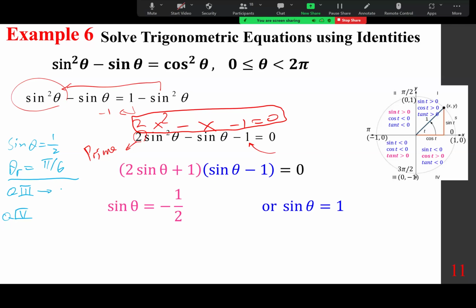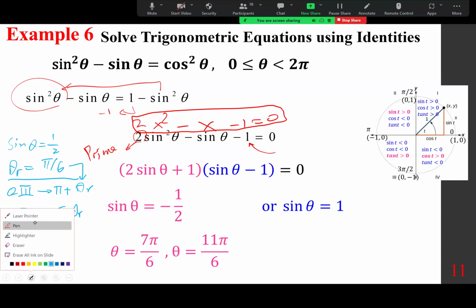In quadrant 3, we add pi to the reference arc. In quadrant 4, we subtract the reference arc, pi over 6, from 2 pi, which results in 7 pi over 6 and 11 pi over 6.